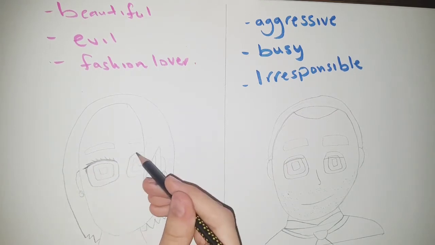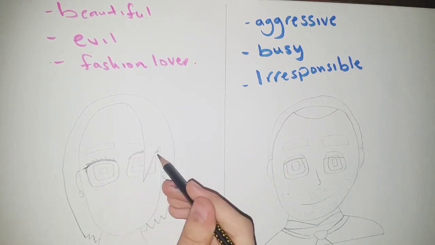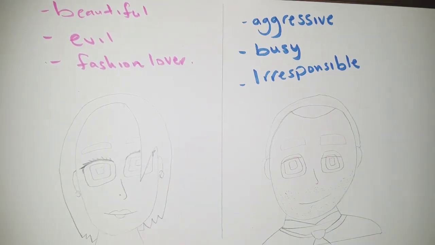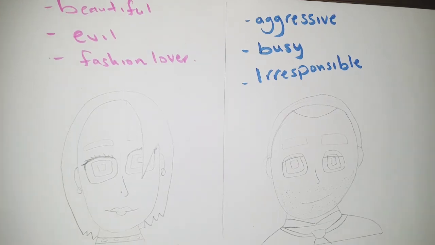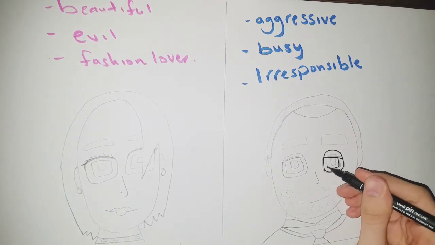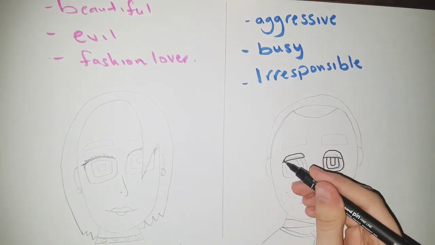So basically, how to select traits: you research on Google or anywhere about specific traits, then you draw a character based on them. You can select as many traits as you want, but the more traits, the harder the drawing will be.